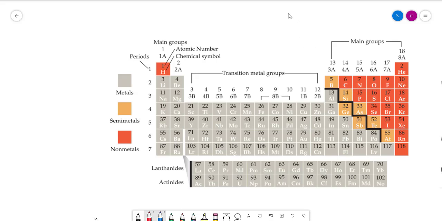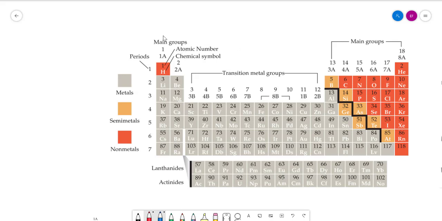So the periodic table looks something like this. All of the elements and their symbology, they have either one or two letter abbreviations for the actual element that they constitute.